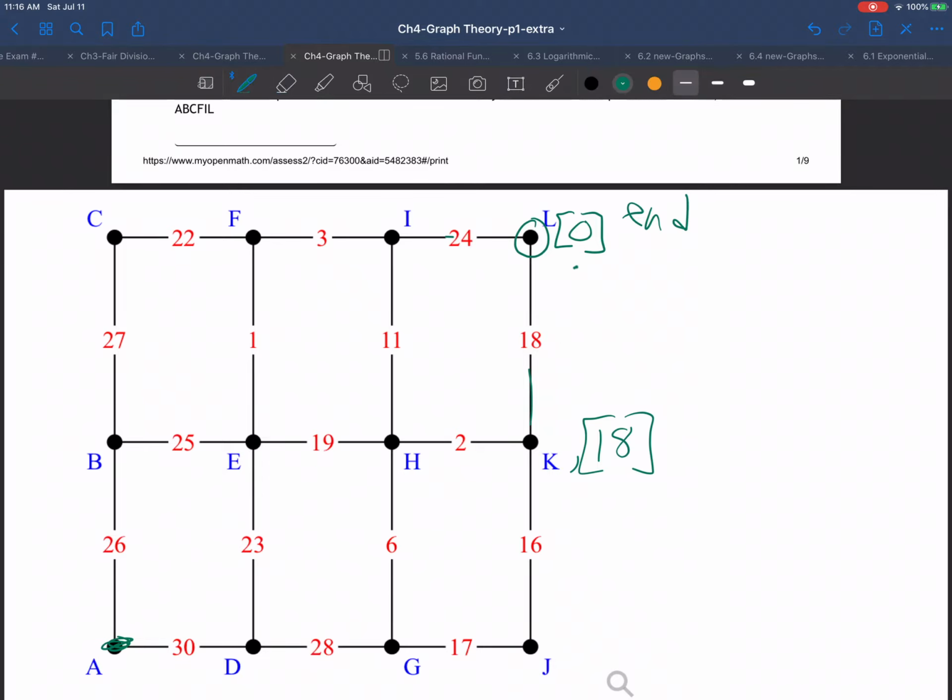So let me put that down here. That's a no-brainer, right? From I to the end is 24. From K to the end is 18. Good so far? If you're at K and you're wanting to get to the end, you're 18 away. If you're at I and you're wanting to get to the end, you're 24 away. This is what we're going to do. We're going to be putting how far each point is from the end. That's Dijkstra's method.